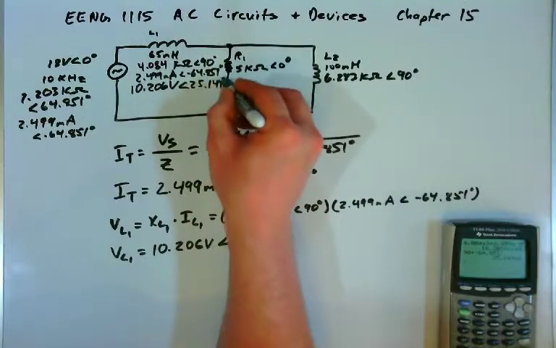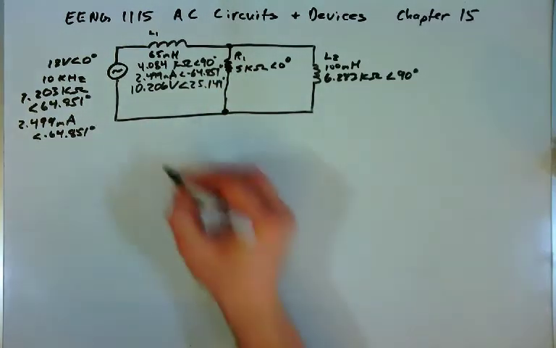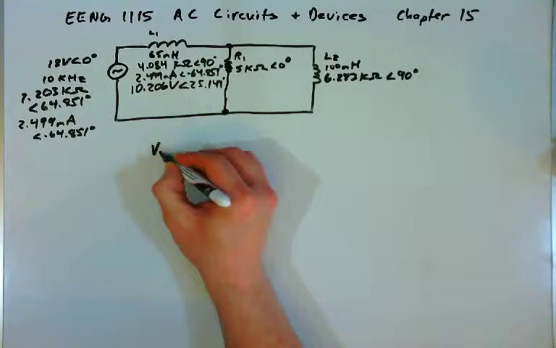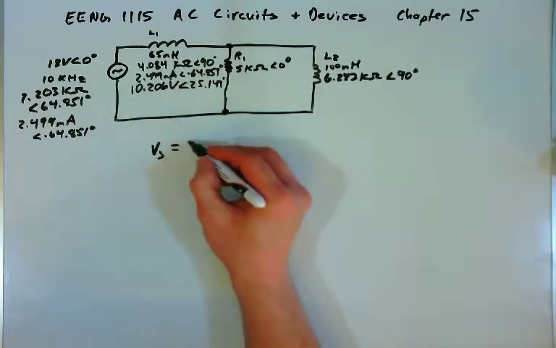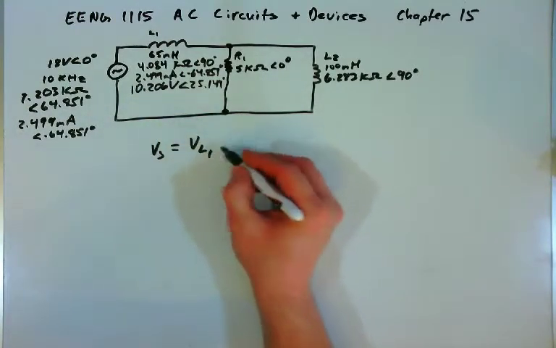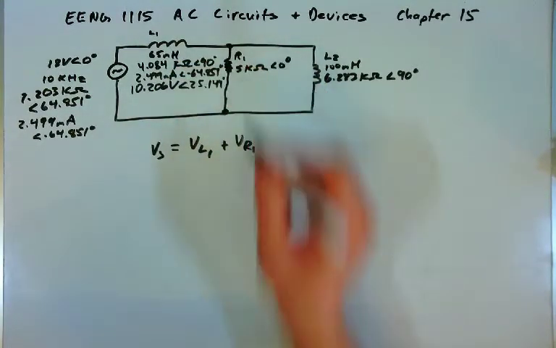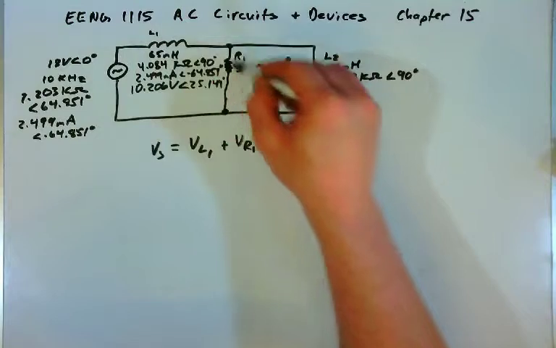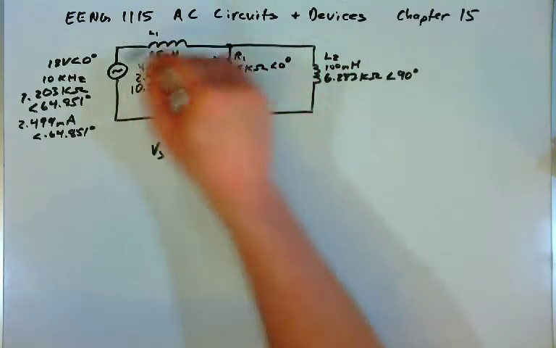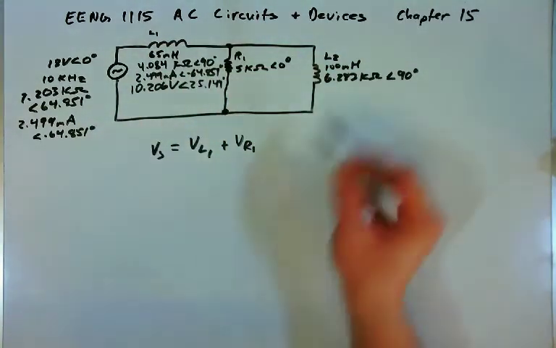Kirchhoff's voltage law says that the source voltage must be equal to the voltage drop on the inductor L1 plus the voltage drop on the resistor R1. And so the sum of the voltage drops around any given loop must add up to the source voltage.